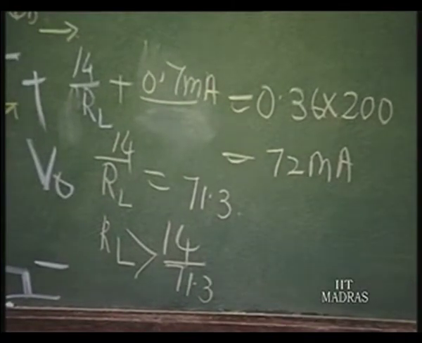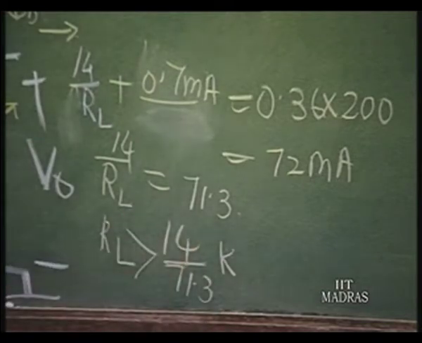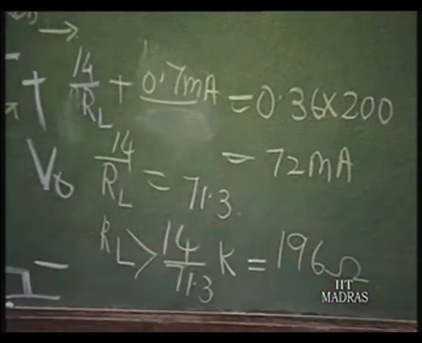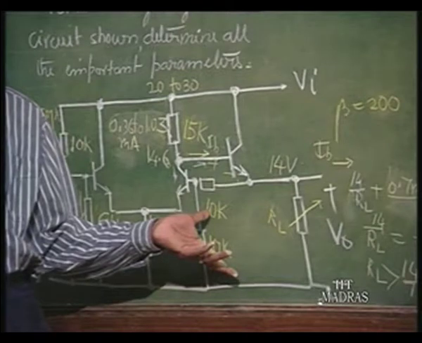This is in terms of kilo ohms, K. So, roughly this will be equal to about 200 ohms. How much is it? 196. So, this is equal to 196 ohms. That means RL has to be greater than this. If it is less than this, this circuit will stop functioning for input voltage of 20 volts.